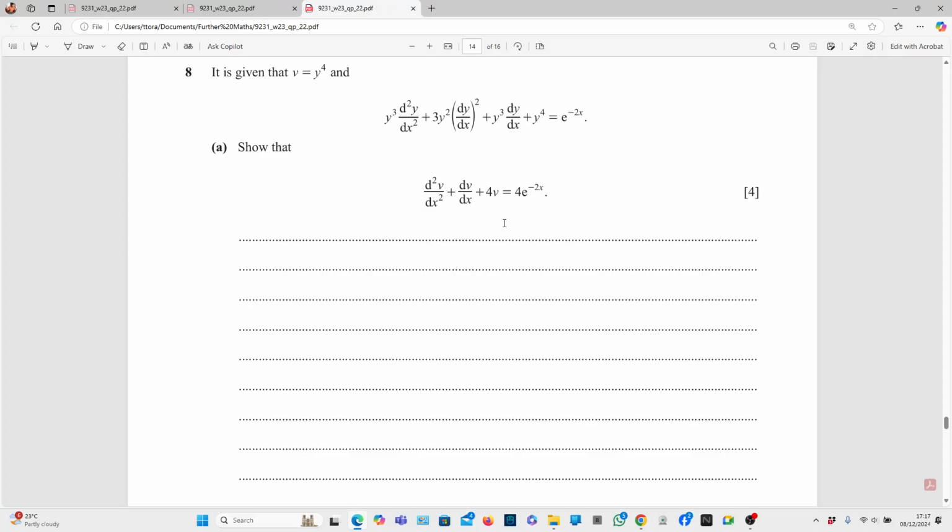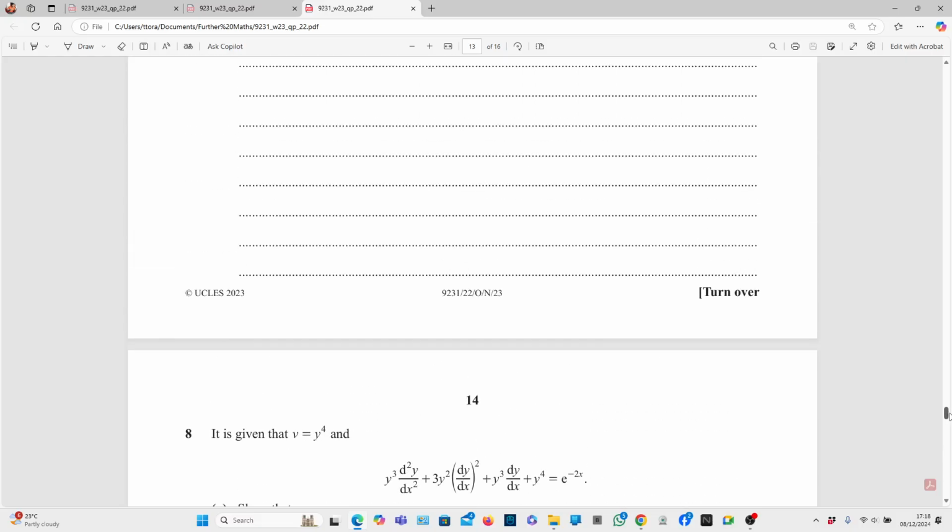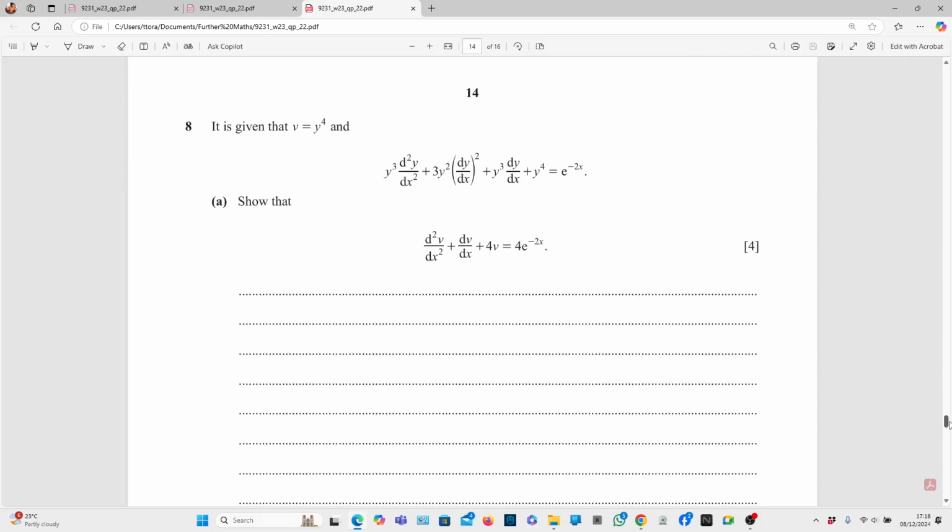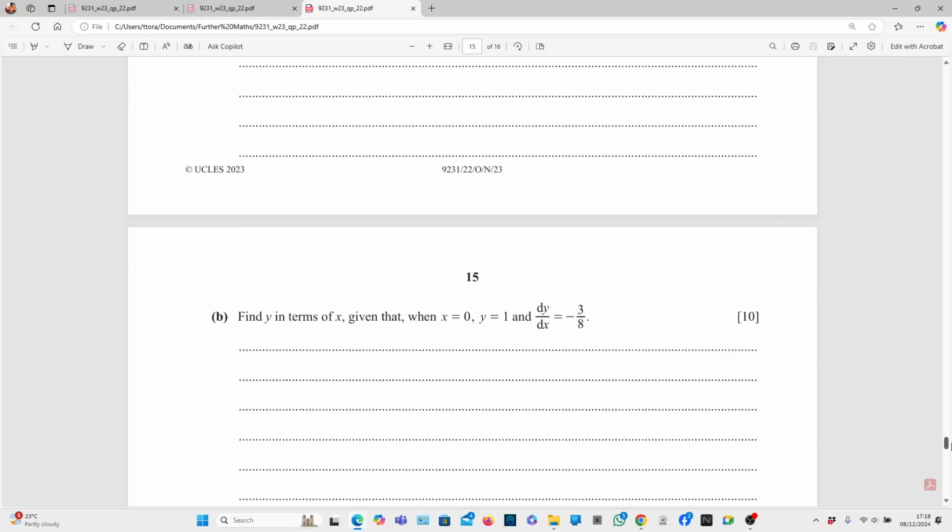Once you have that, you substitute the initial values, which were actually given here: x equal to 0, y is equal to 1, dy by dx equal to minus 3 over 8. You substitute them into your general solution.